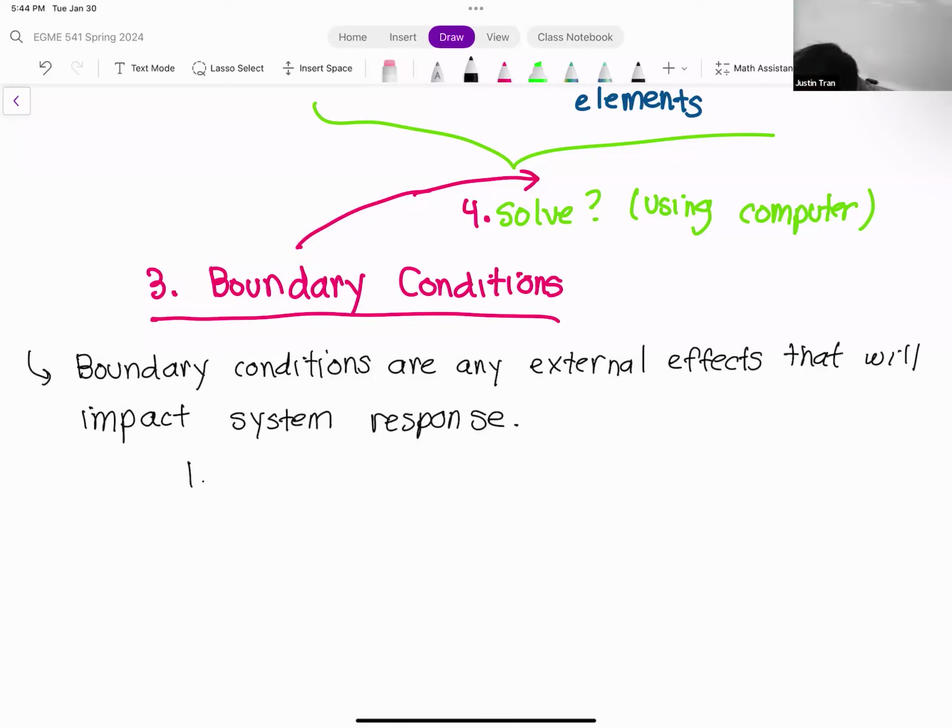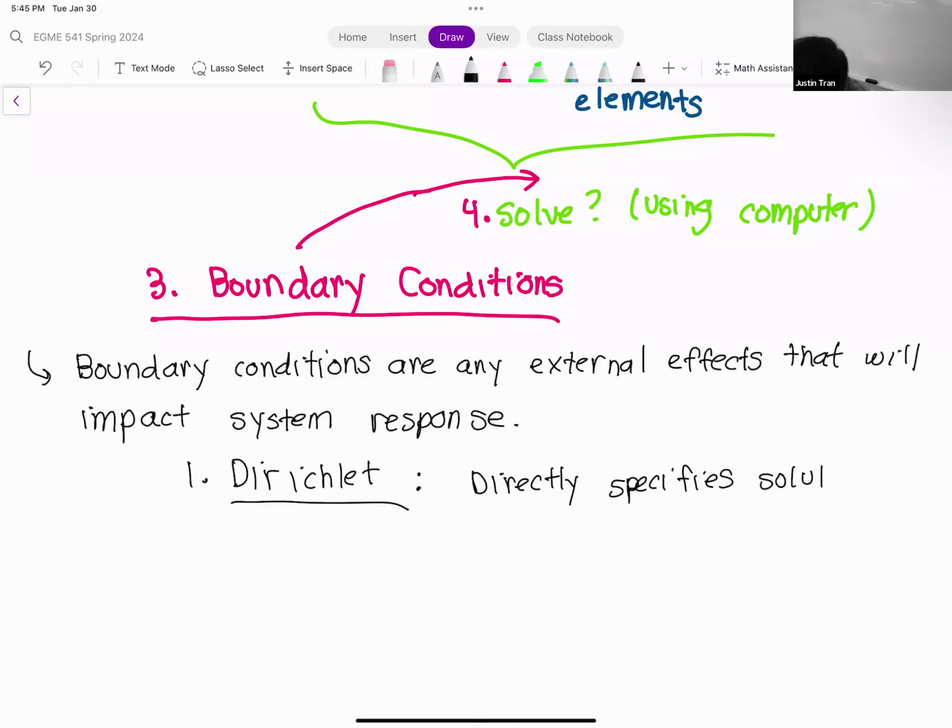And there were 2 types of boundary conditions that we were talking about. So the first is a Dirichlet boundary condition. The way that you can remember is that this directly specifies the solution value. We'll see what that means mathematically in a second.